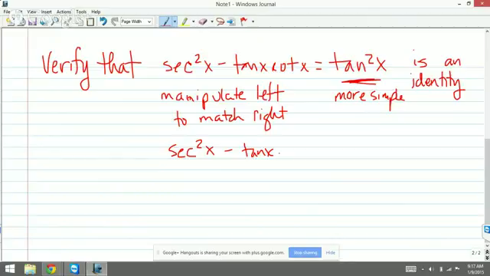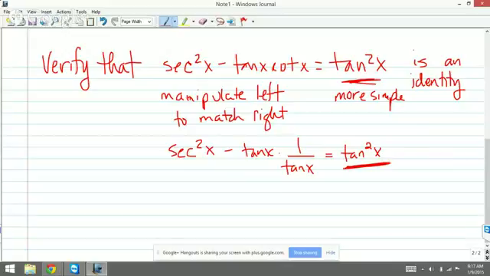Since we're headed towards tan squared, it's probably not productive to change things into sine and cosine, right? So that's why I kind of stepped away from what you said. We want to get this as an answer. Changing to sine and cosine is probably not going to help.